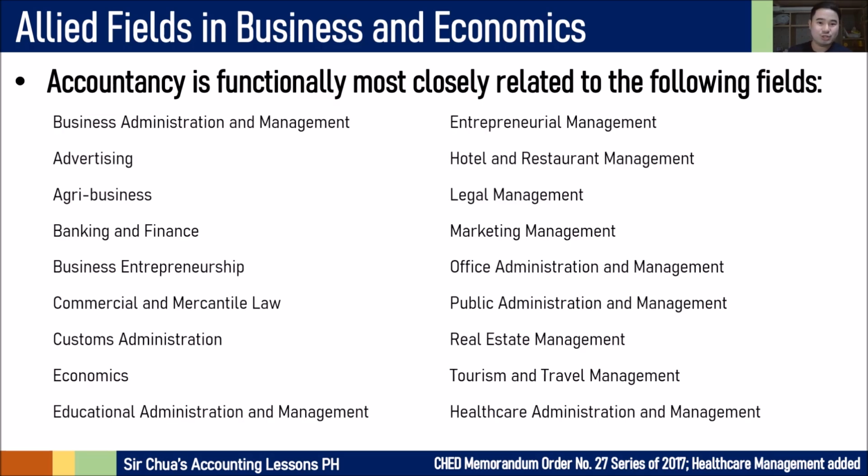Which is business administration and management, advertising, agribusiness, banking and finance, business entrepreneurship, commercial and mercantile law, customs administration, economics, educational administration and management, entrepreneurial management, hotel and restaurant management or the hospitality management, legal management, marketing management, office administration and management, public administration and management, real estate management, tourism and travel management, and healthcare administration and management.